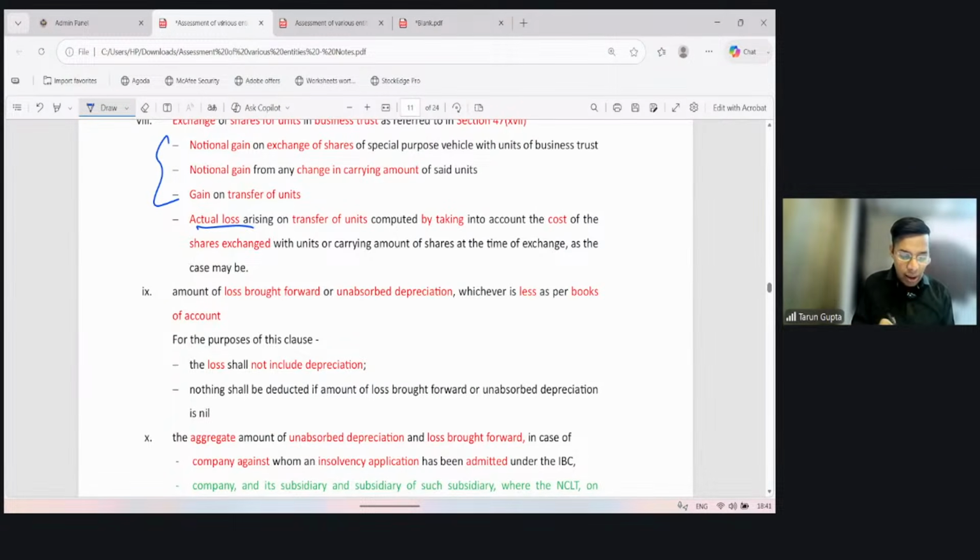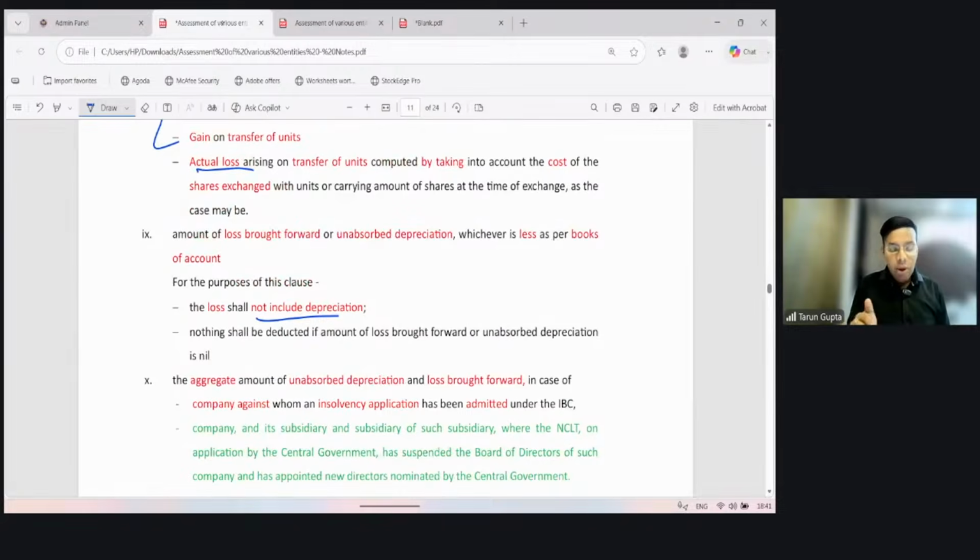And the loss shall not include depreciation. So, as per books of account, if there are any brought forward losses, we have to compare such book losses with the book depreciation, whichever is less, such lesser figure is allowed to be reduced. Nothing should be reduced if either of these figures is 0.